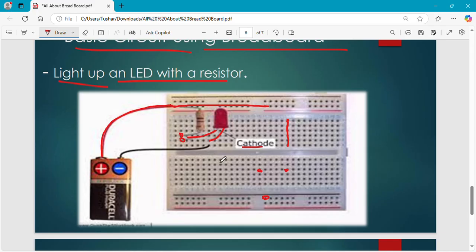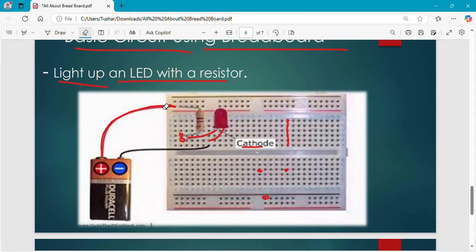I think you have already made a simple circuit in your labs or in the Tinkercad app. The battery positive is connected to the positive and the battery negative to the negative side. This is the simple connection, you can also do it on your own.